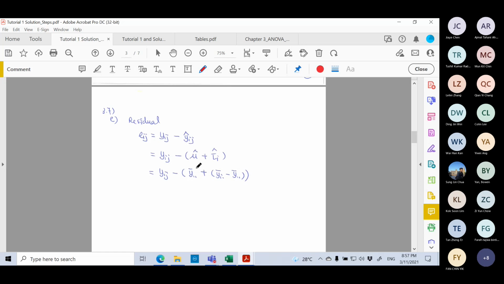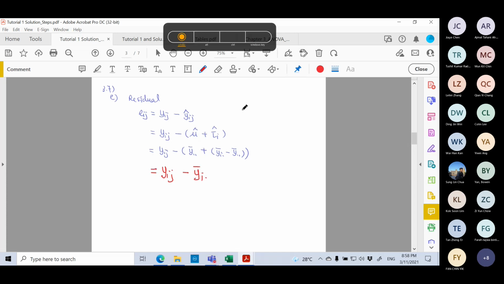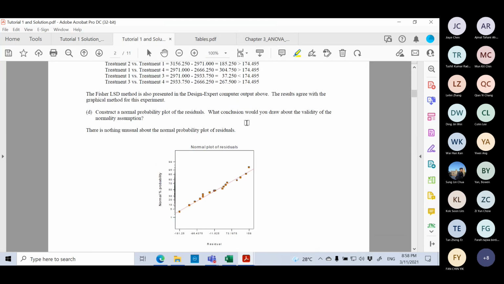You cancel out the mu, so your residual will be equal to Yij minus the mean of i. These two cancel off, you just get the mean of i. So this one is for the residual. I think I have repeated this many times. So this one is for the first question.